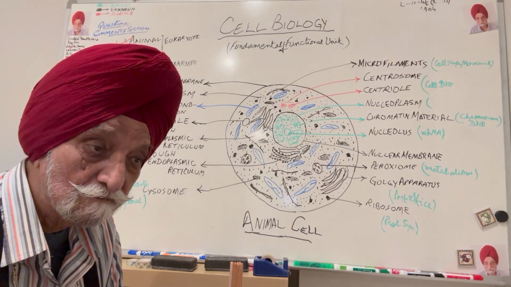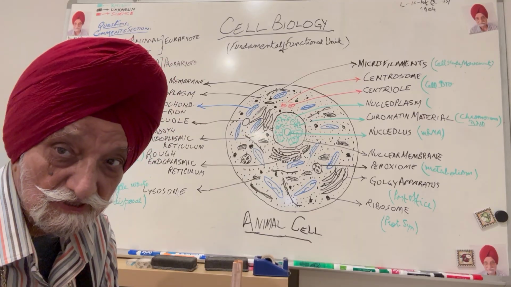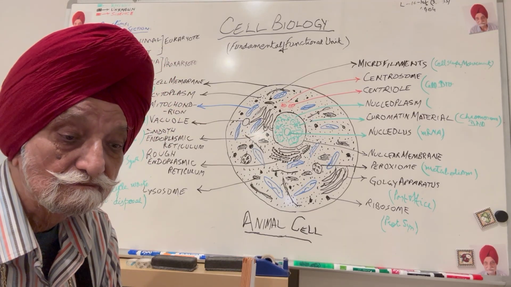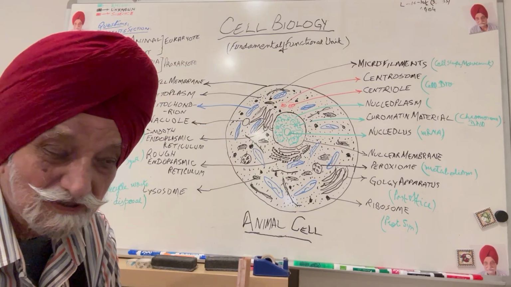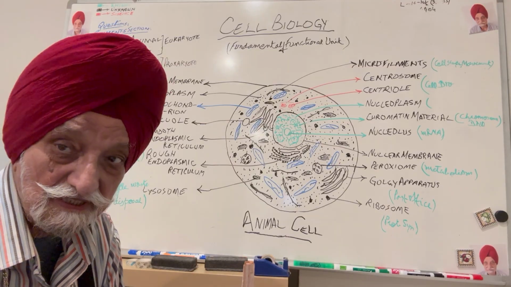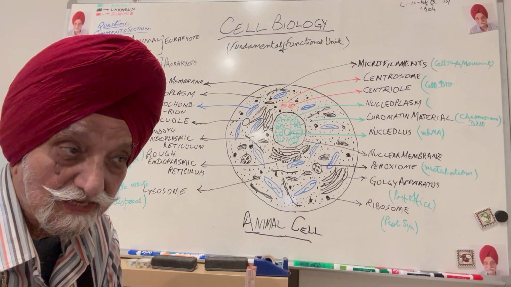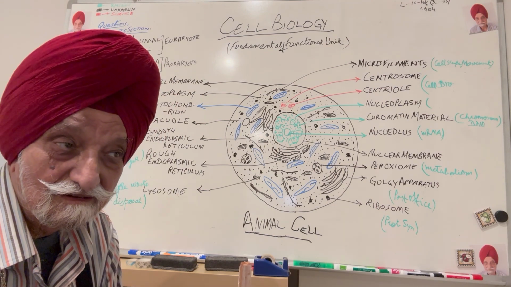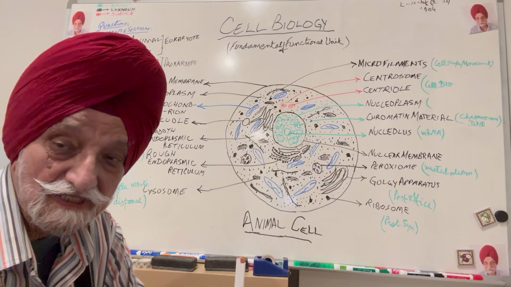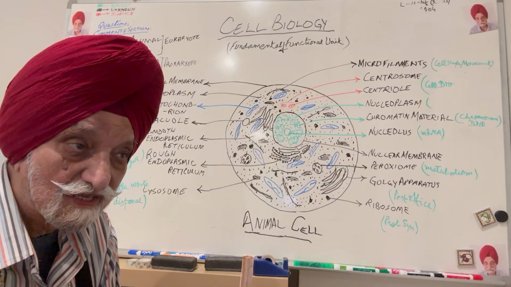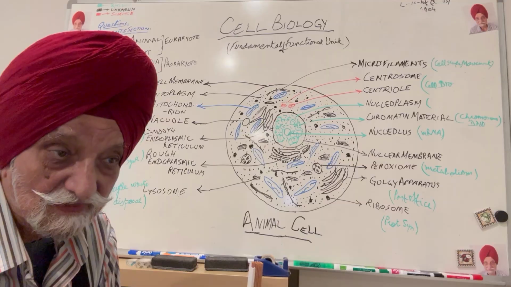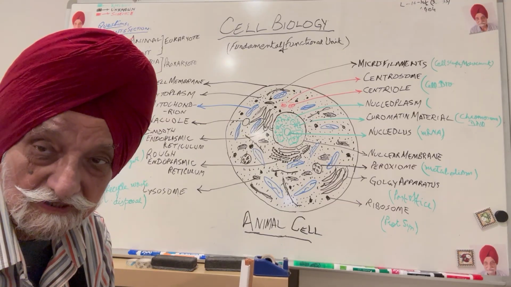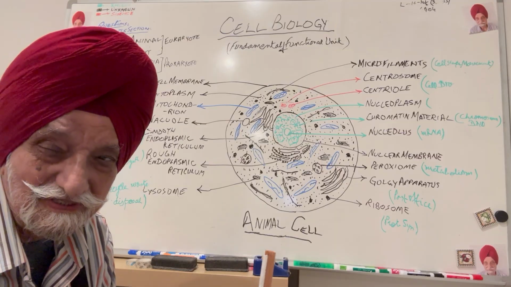In males, the general number of cells is around 36 trillion, and in females around 28 trillion, and in the body of a child, not an adult, it is around 10 trillion cells.